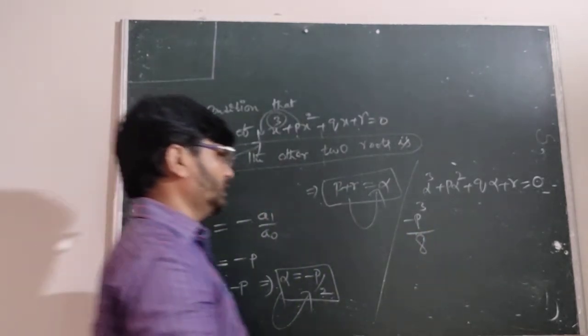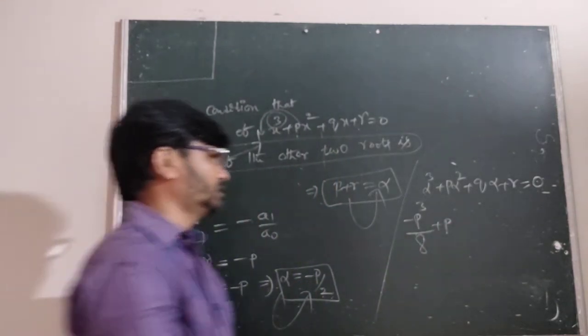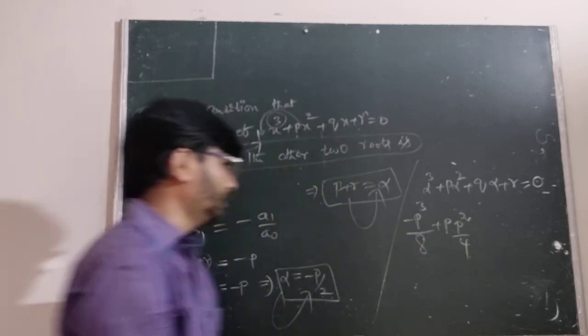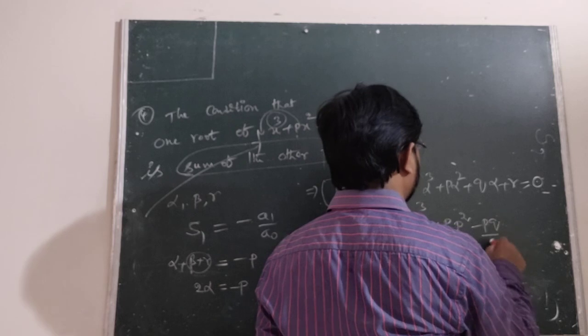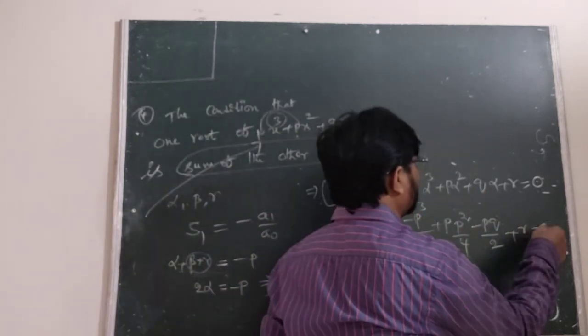Next, plus p into minus of p by 2 whole square, which is p square by 4. Next one is minus of p cube by 2. Finally, plus r equal to 0.